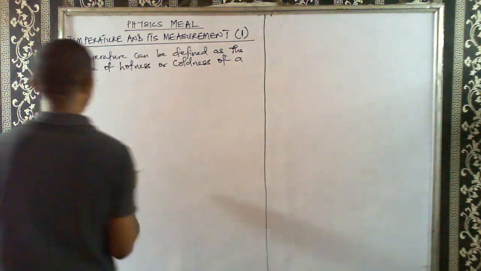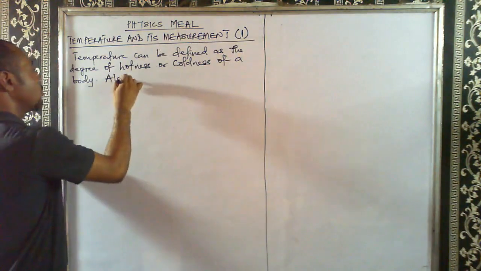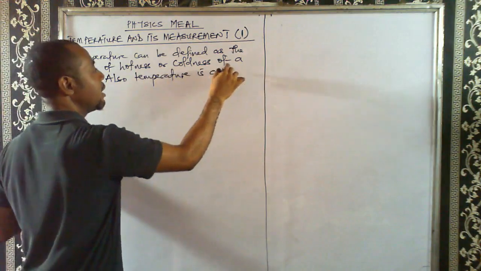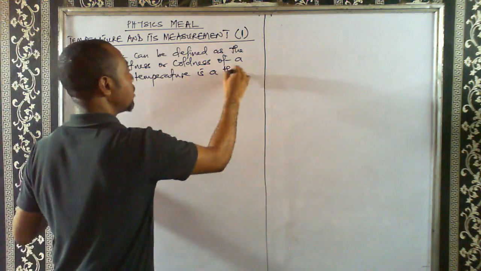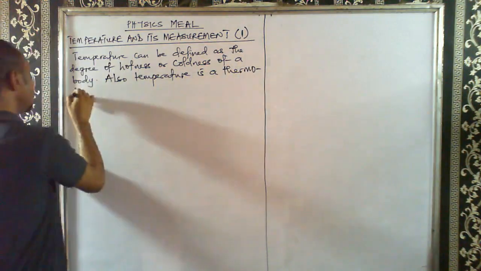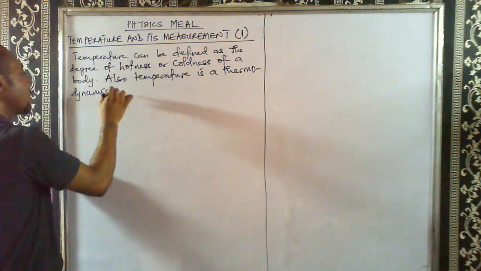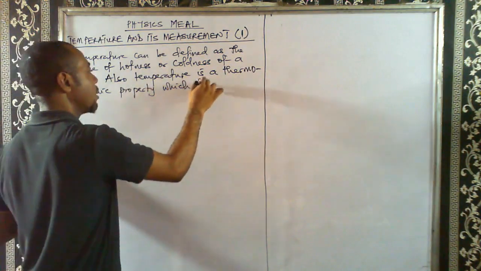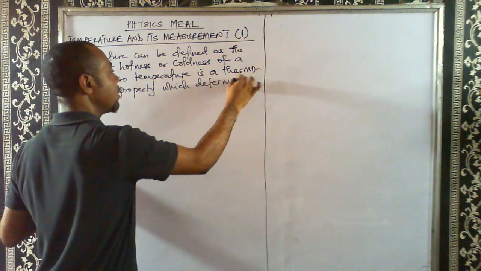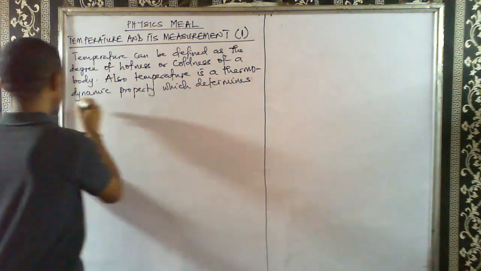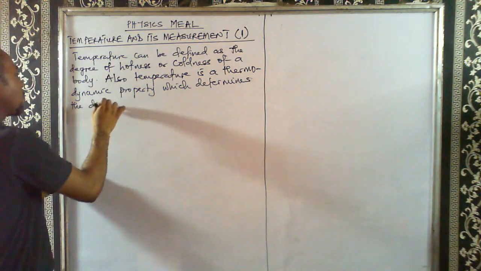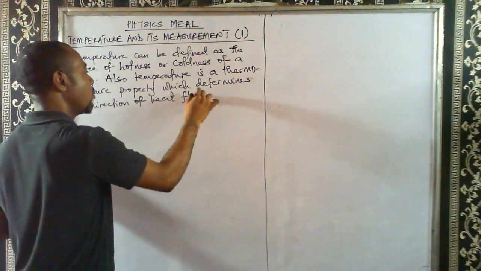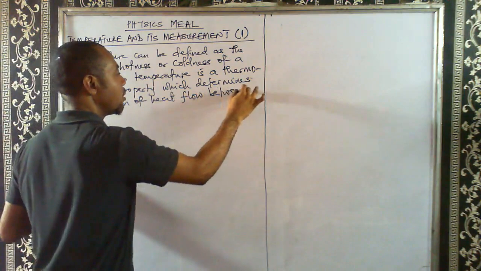So we can also say temperature is a thermodynamic property which determines the direction of heat flow between bodies.